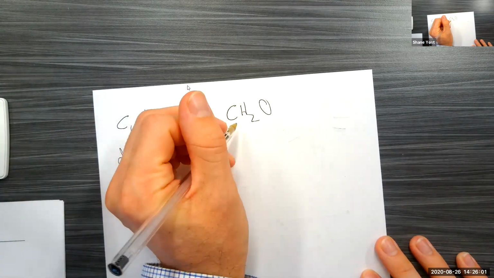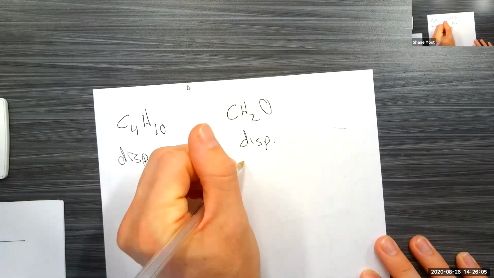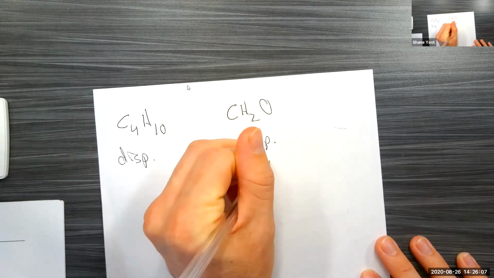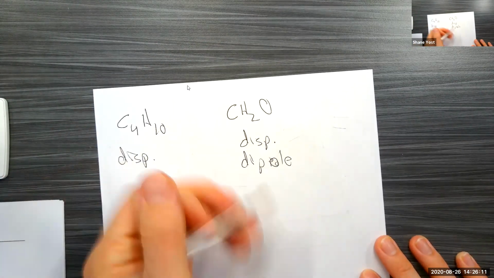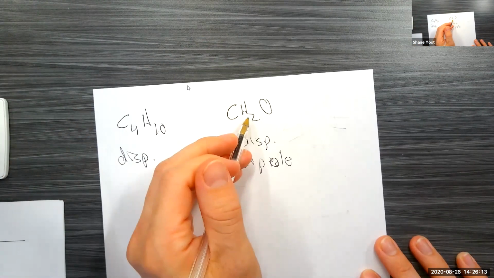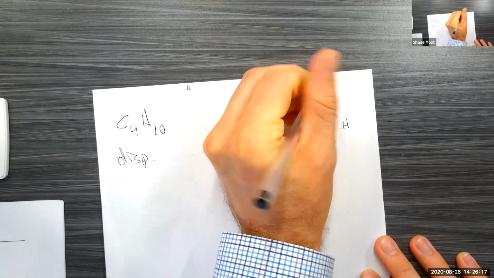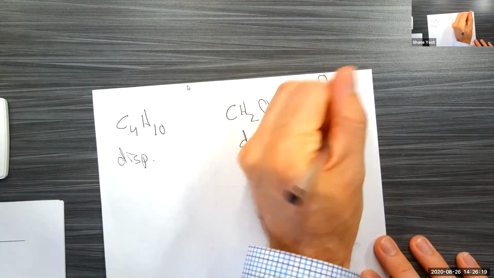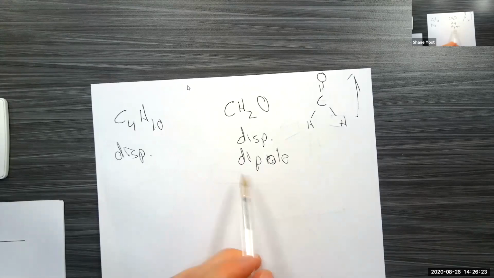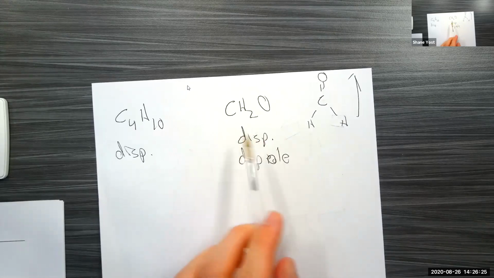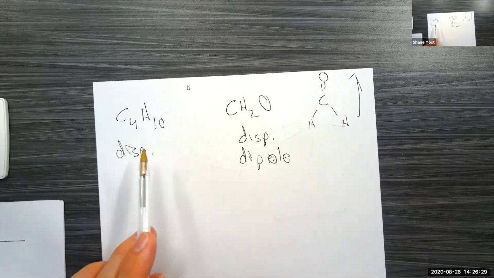For CH2O, we have dispersion forces and dipole-dipole interactions, because CH2O has this structure with the C=O, which is a net dipole. So there are dipole interactions and dispersion interactions for CH2O, only dispersion for C4H10.